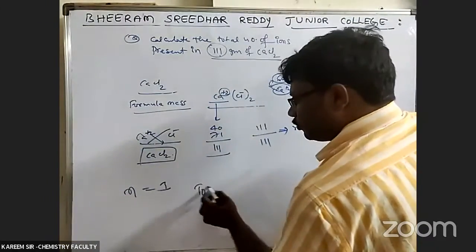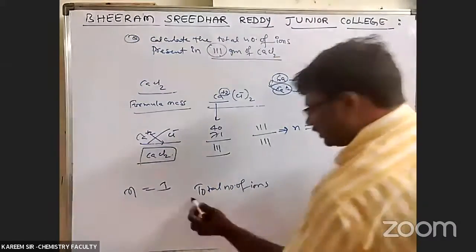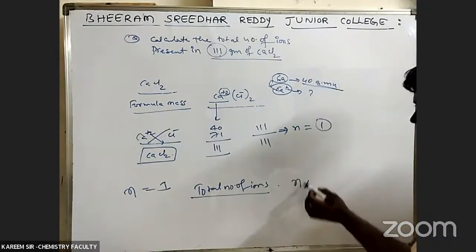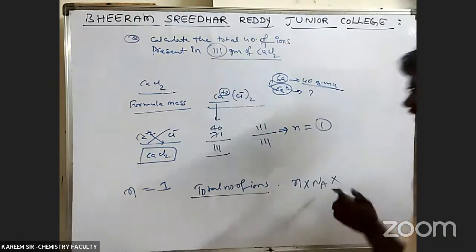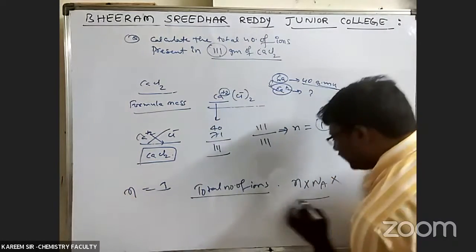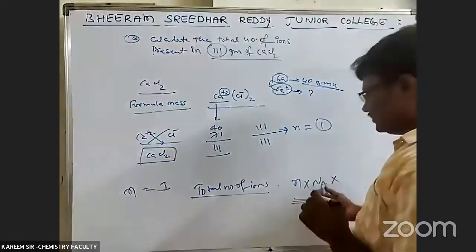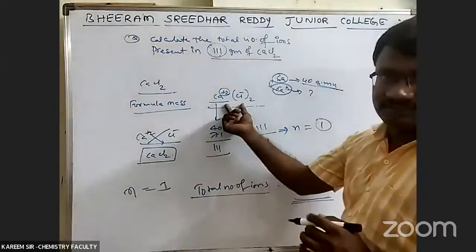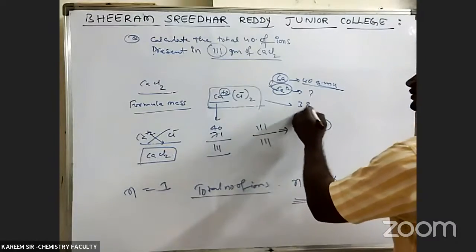Then I'm asking the total number of ions. Total number of ions means number of moles into Avogadro number, and in one formula unit. Number of moles is 1, so 1 mole means this much of formula units.